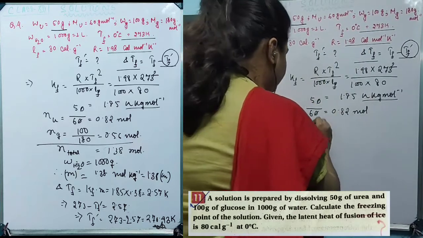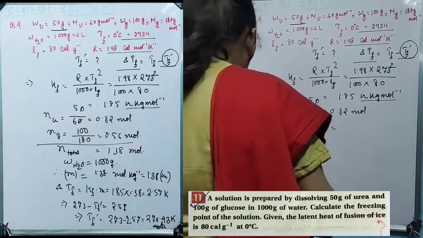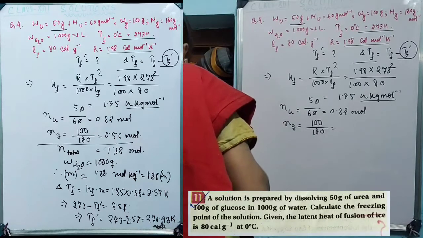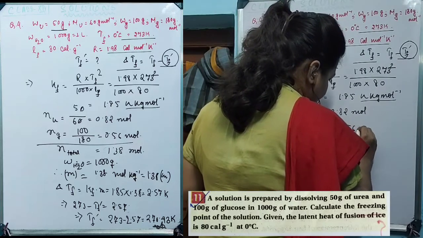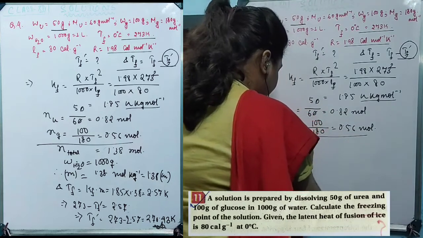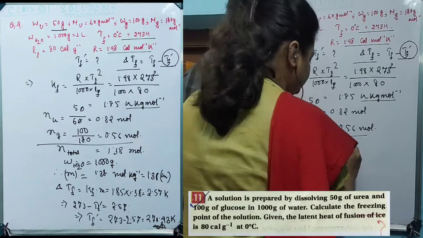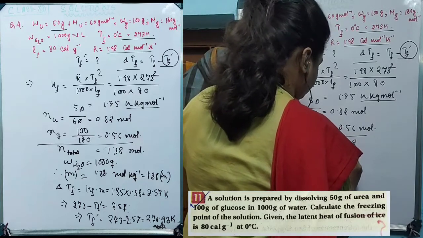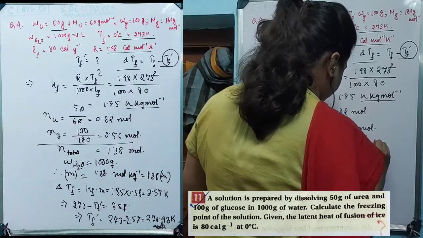Mole number of glucose is the given mass, 100, by the molecular mass, 180, and the amount is found to be 0.56 mole. Therefore, the total moles of the solute is 1.38 mole.